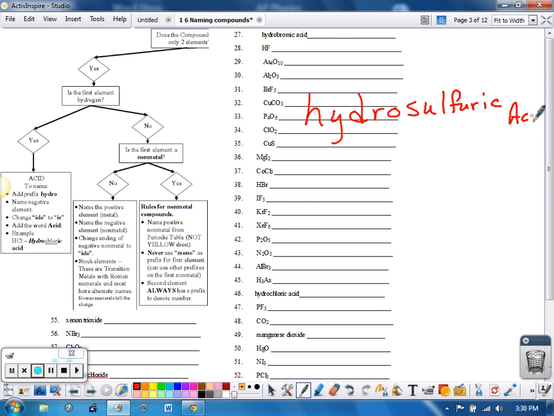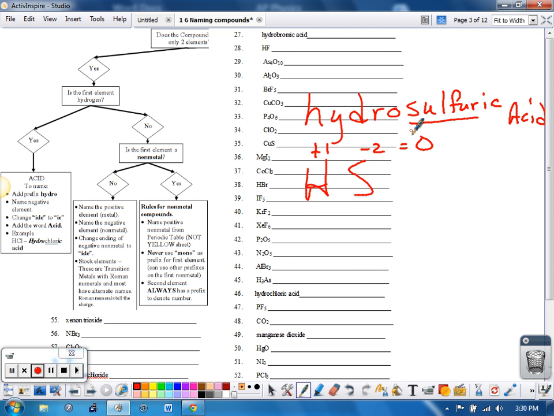Now let's reverse this, and say we have hydrosulfuric acid. As soon as I see the word acid, I think H. Now the middle part says sulfur, so that's going to be S. We never ever forget about making sure that everything adds up to 0. So I have plus 1 minus 2 equals 0.